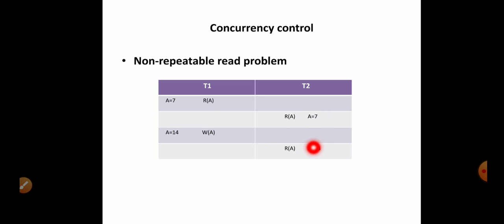Transaction T2 thinks it is the only transaction executing. Initially it read the value as 7 and now it has got the value 14. So T2 will be in a confused state, where it has read two different values. You call this the non-repeatable read problem: when a transaction reads the same row twice and gets a different value each time.